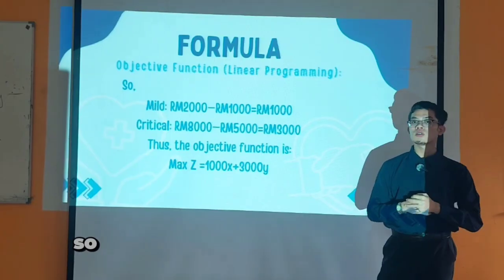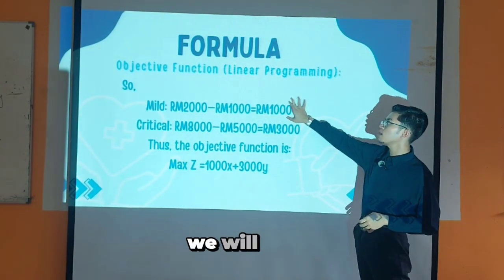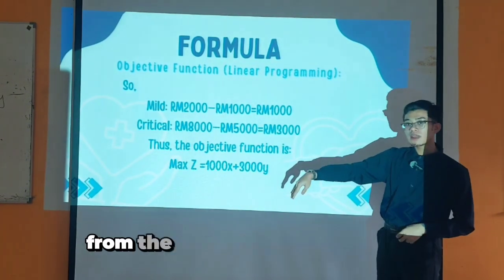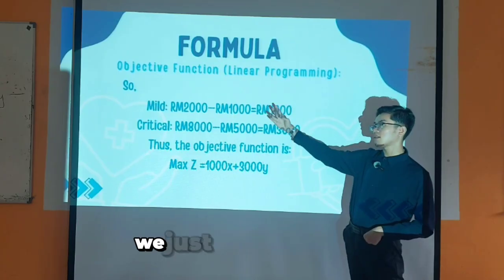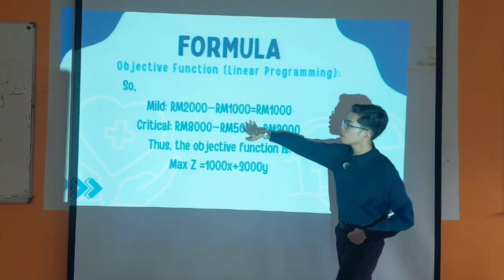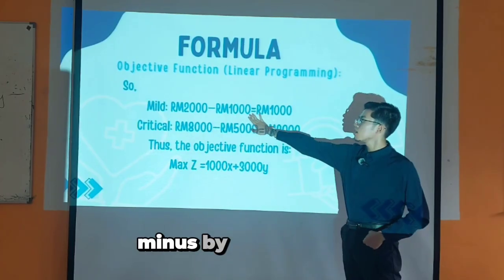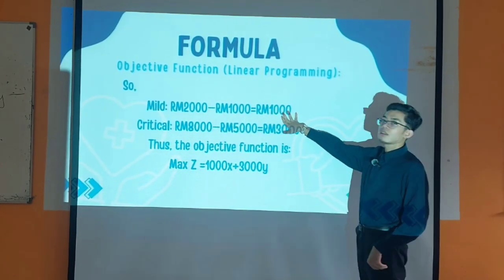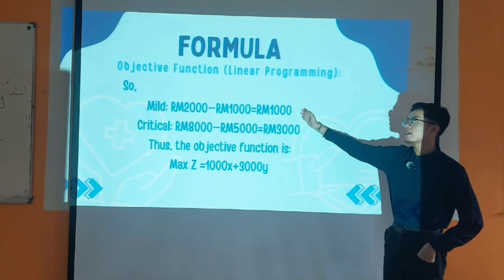For the results, for the mild cases we use the formula from the previous slide and just substitute: 2,000 minus 1,000 gives a profit of 1,000 ringgit.